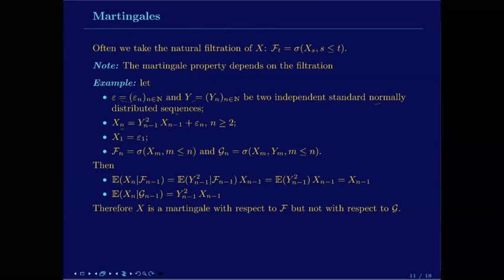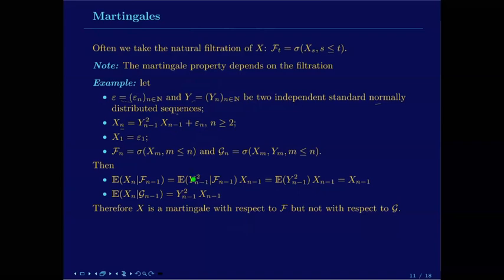So if we then look at the martingale properties, firstly, the conditional expectation of x n given the information in F up to the previous point in time, since here we multiply by y n minus 1, we can actually see that because the previous x's only depend on the y's up to the previous point in time, and the epsilons are independent.